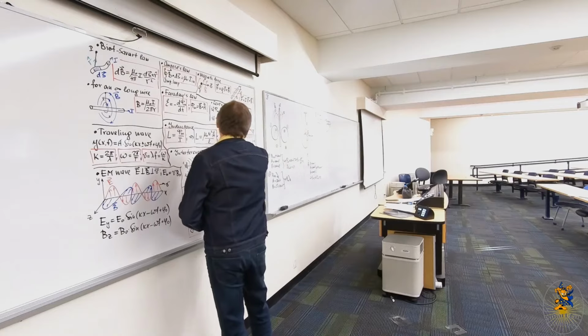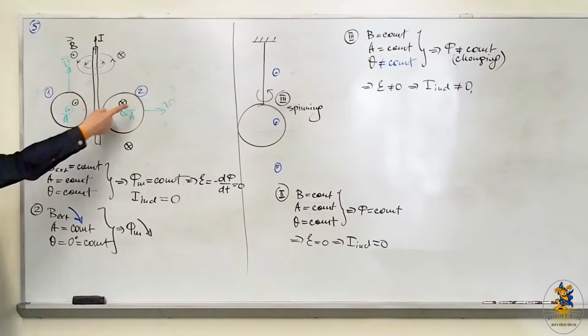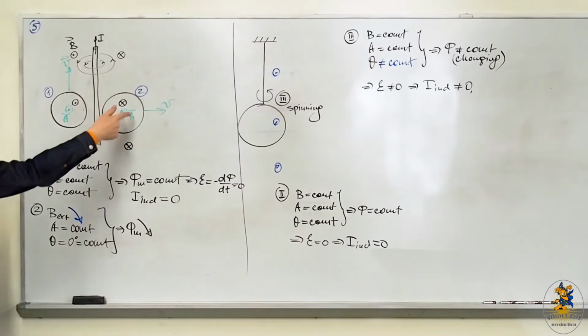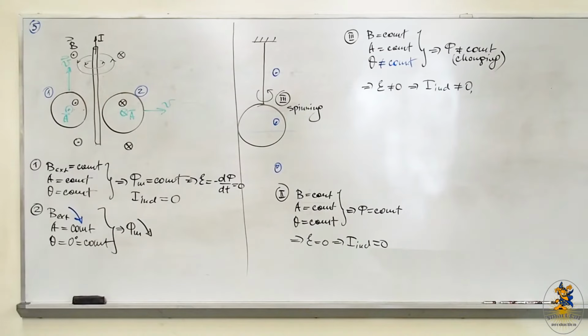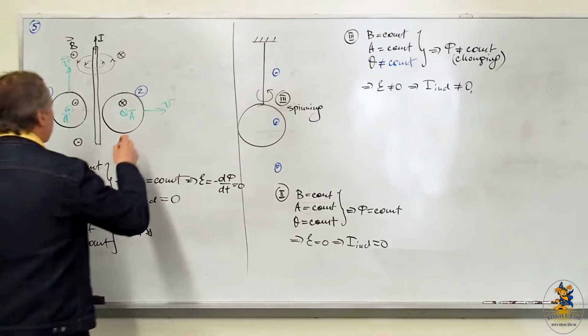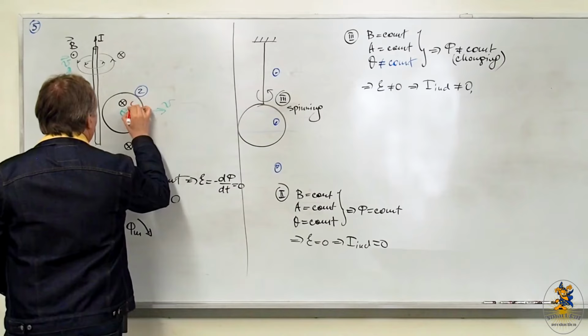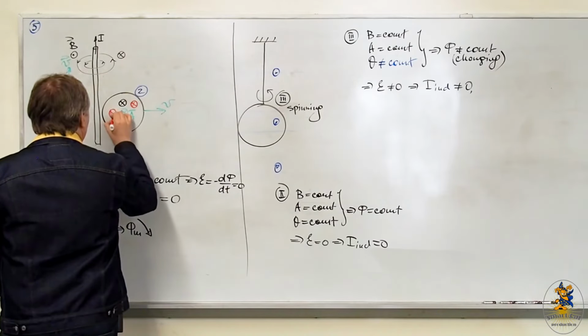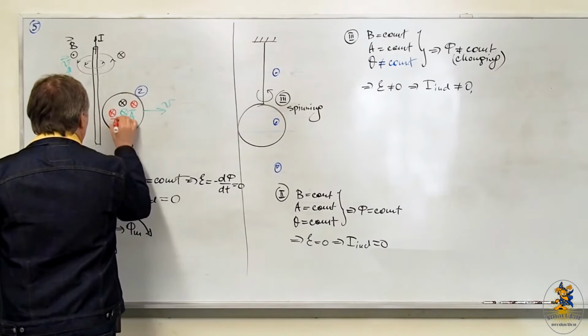In which way? It will start driving induced current in such a direction that within the loop, the induced magnetic field will be in the same direction as the external magnetic field, within the loop, not outside, within. So within the loop, I can draw a bunch of red crosses.